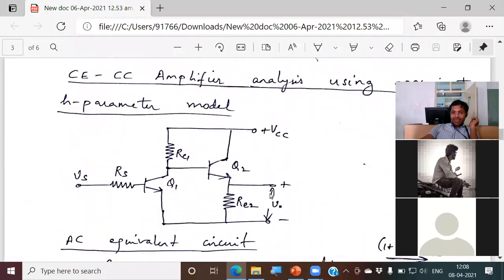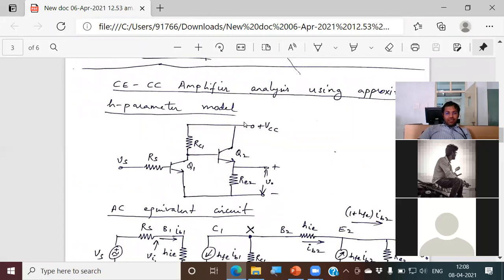It may appear difficult, but it is very easy. The circuit looks very big, looks difficult, but it's not difficult. Carefully, step by step, you do the process. So please take pen, paper, draw, and analyze this circuit.